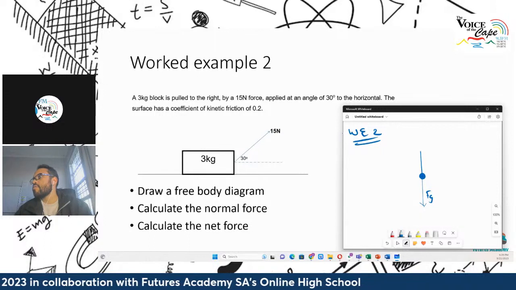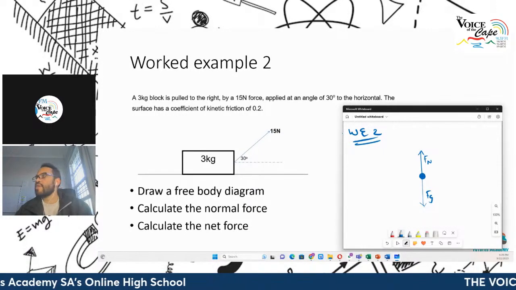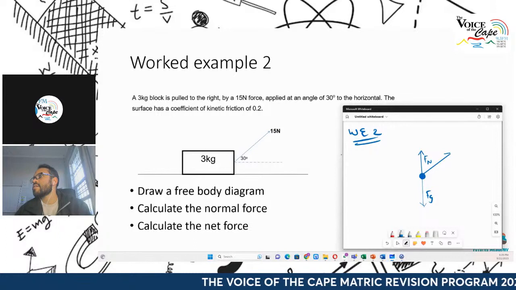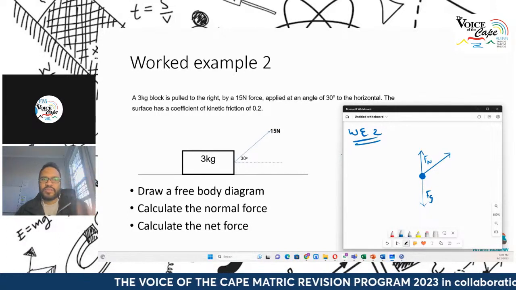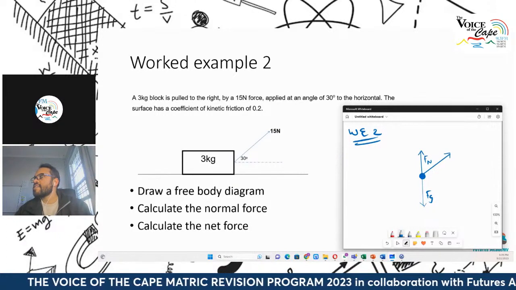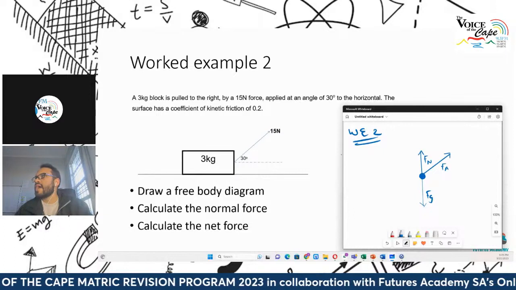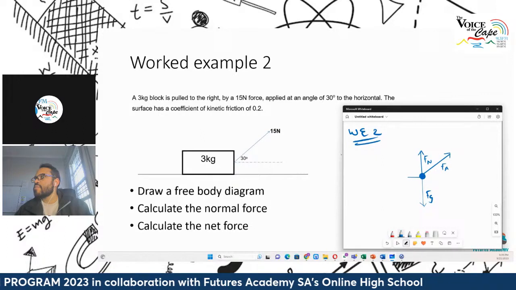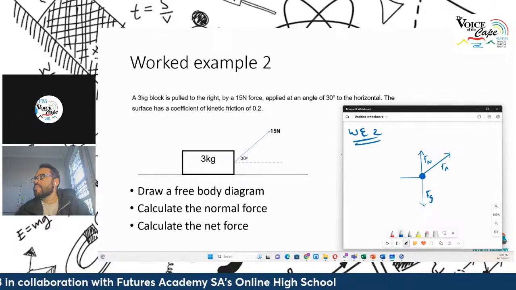We have our normal force acting on the object, Fn, right? We also have, because there's an applied force, so we have this applied force acting at an angle. What's going on with me today? So this is the applied force, and opposing its motion, we must have some friction.